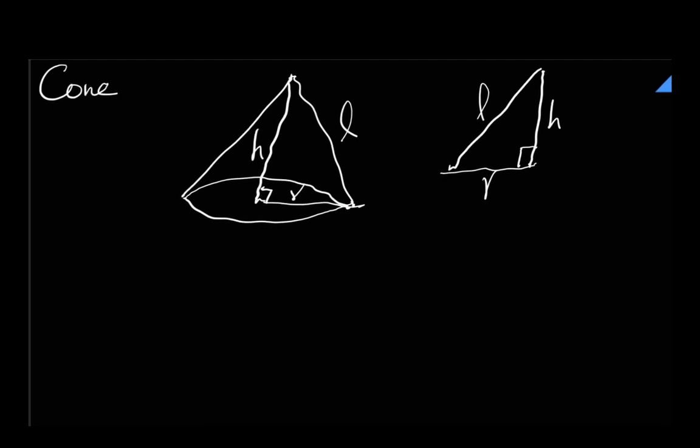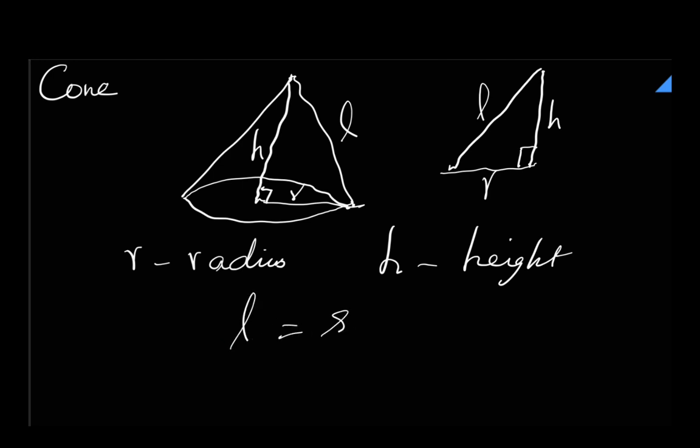Now we'll see the relation between h, r and l. r is the radius of the cone, h is the height of the cone, and l is the slant height of the cone.